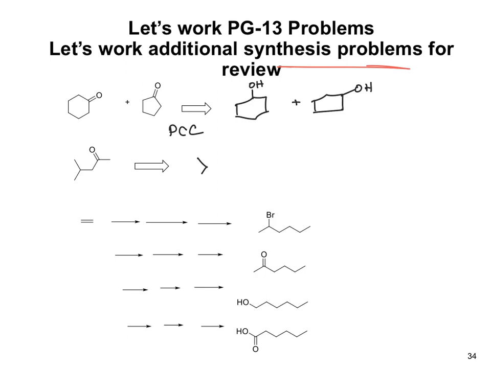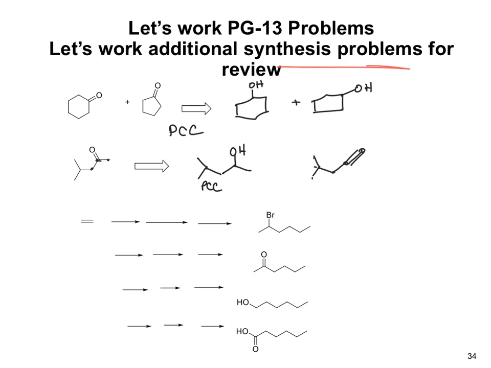Same thing here. How would you make a ketone? You could do that from an alcohol, PCC or Jones, or you could do a ketone from an alkyne, right? So different functional groups.